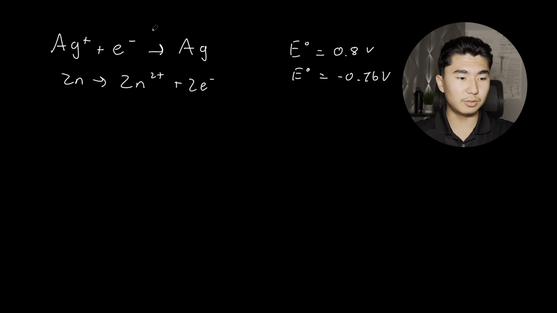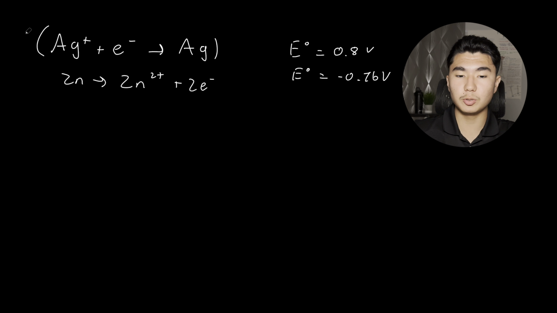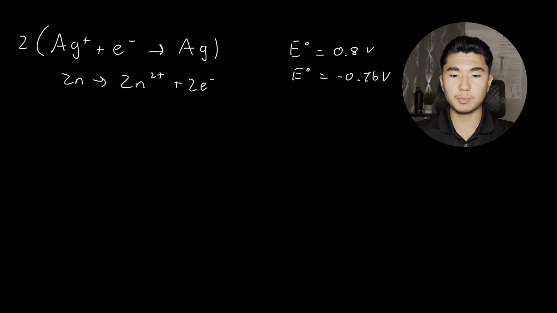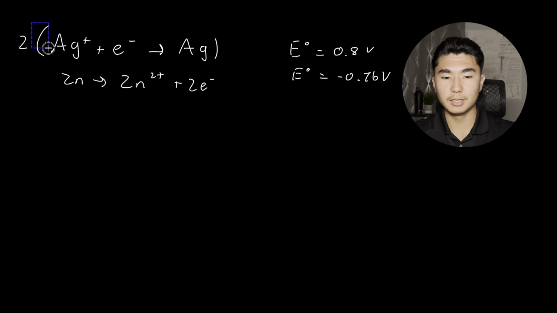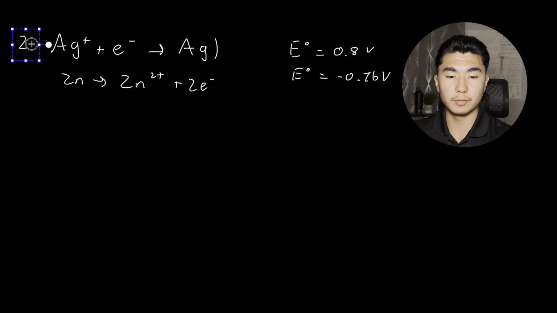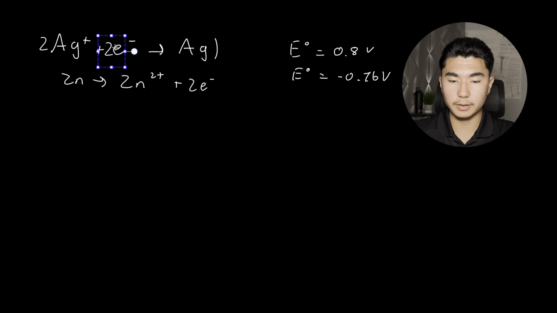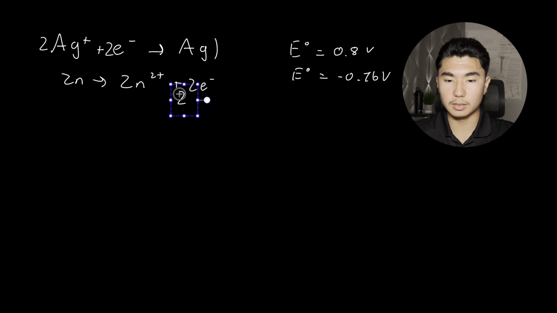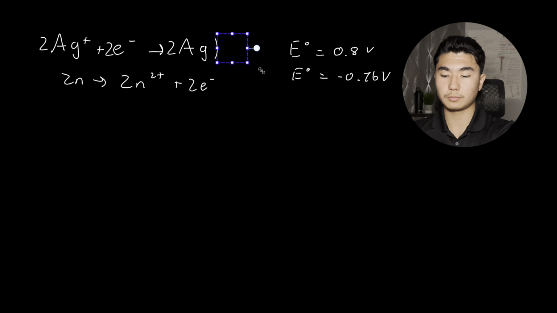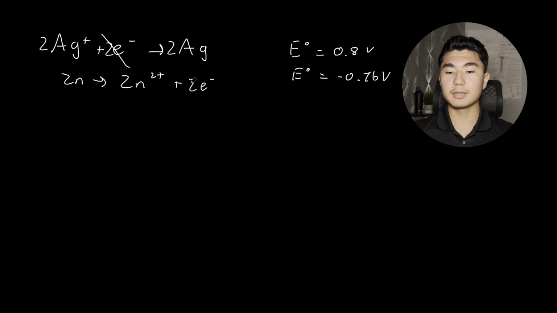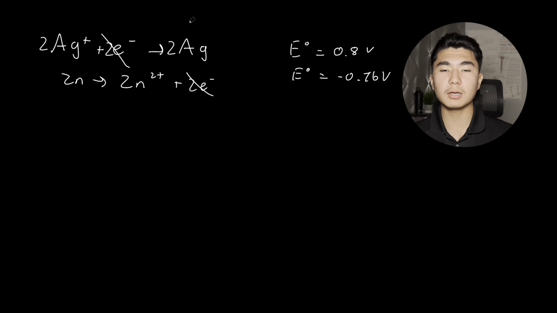So we have to multiply this by 2 in order to get our 2 electrons. We do the same thing over here. Those 2 electrons cancel out, because we don't want electrons in our final overall reaction.